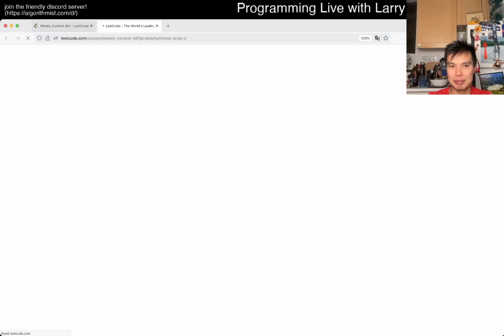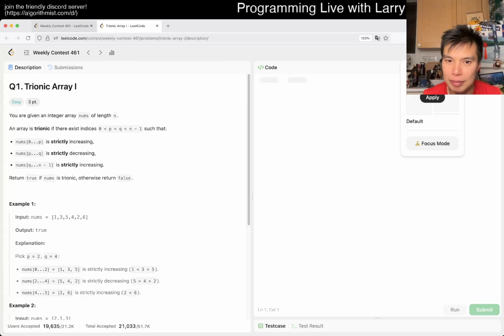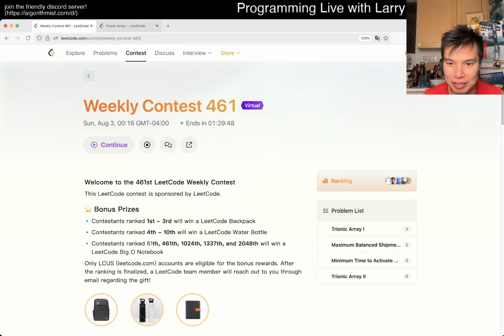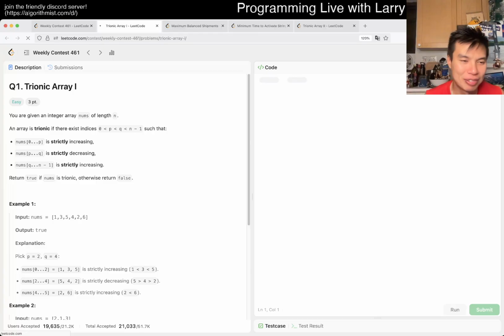Already behind. Alright, let's go. Everything is loading so weirdly. I might as well load the other ones actually, since it's just taking so long. It's not letting me type into the code thing. So alright, let's read the problem.